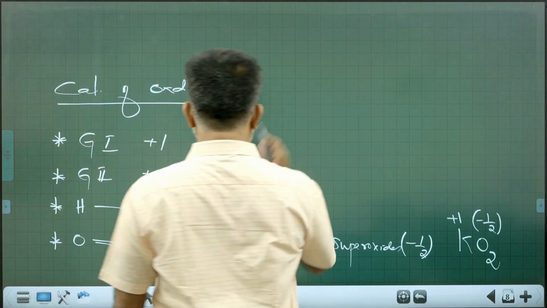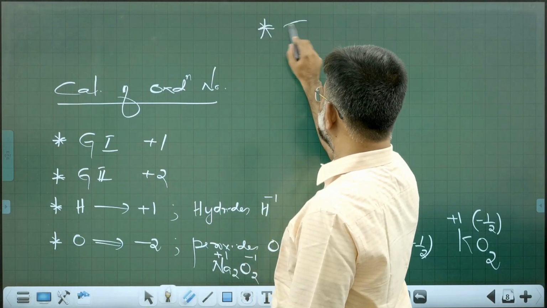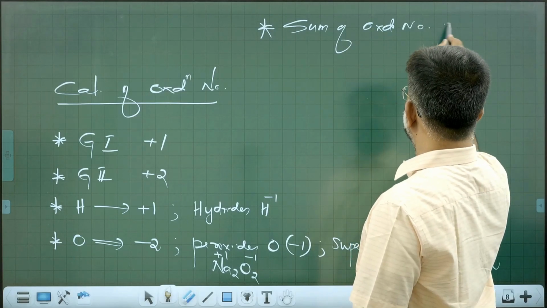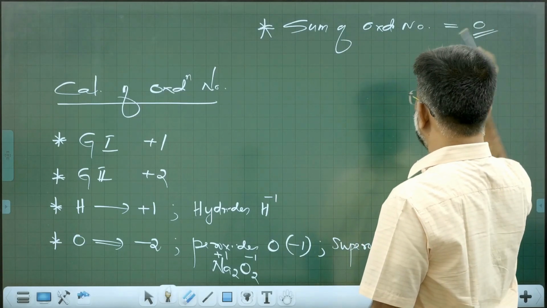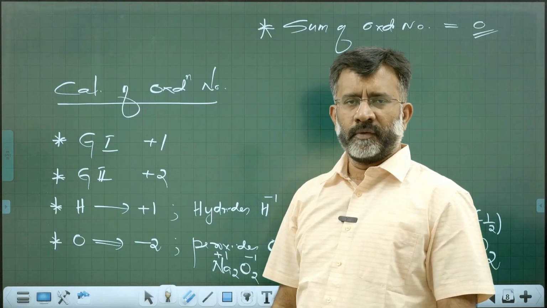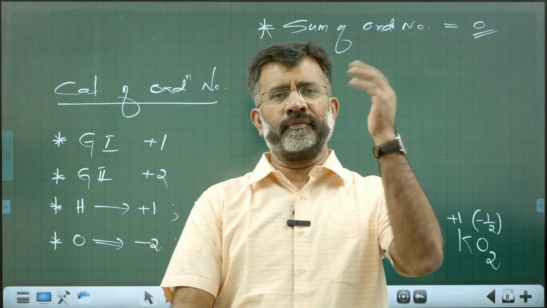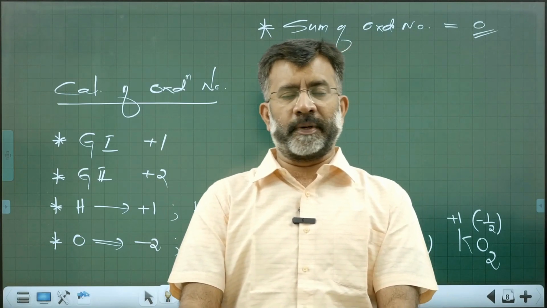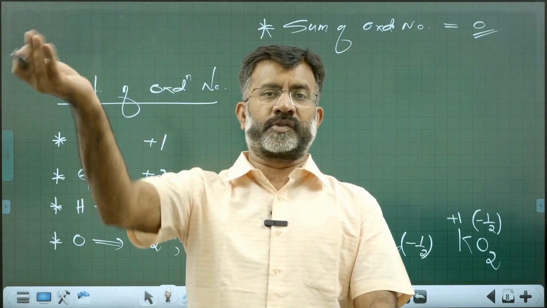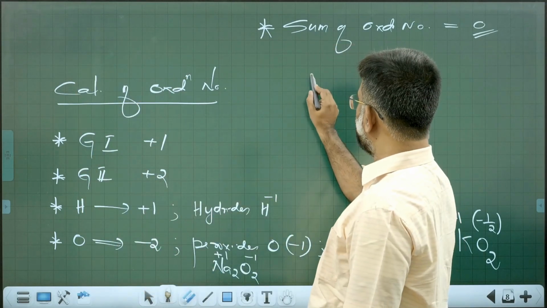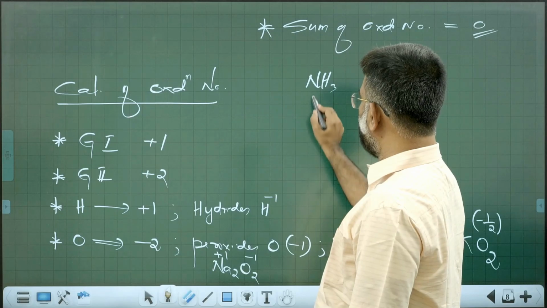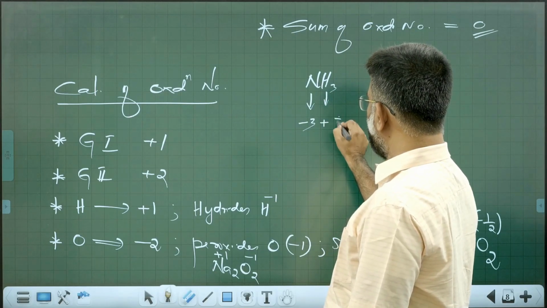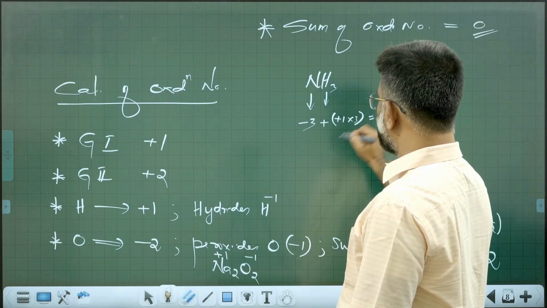And quite naturally, I can comment on the sum of oxidation numbers. The sum of oxidation numbers should be equal to 0 for a neutral molecule, or equal to the net charge for a charged species. For example, in ammonia, nitrogen is -3, hydrogen is +1 into 3, so it should come to 0.